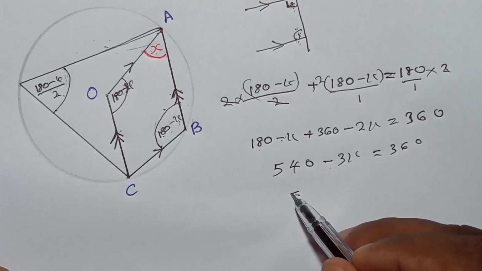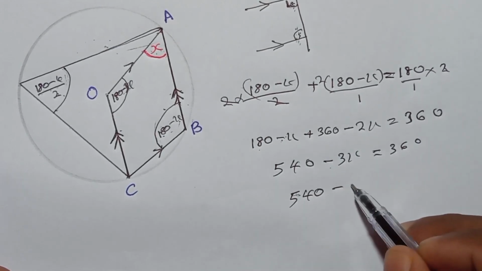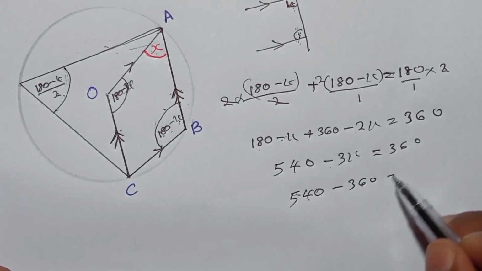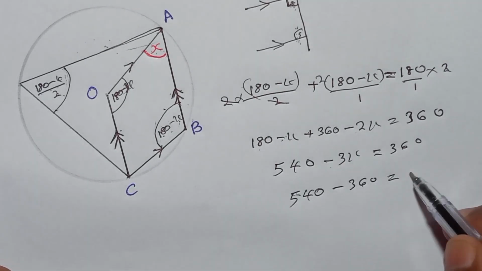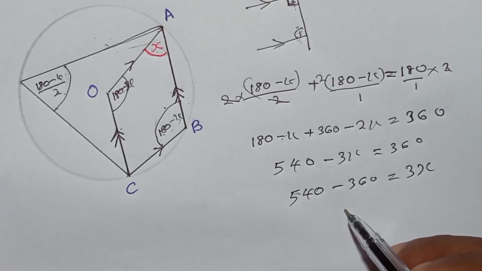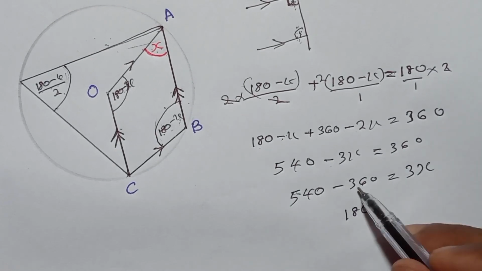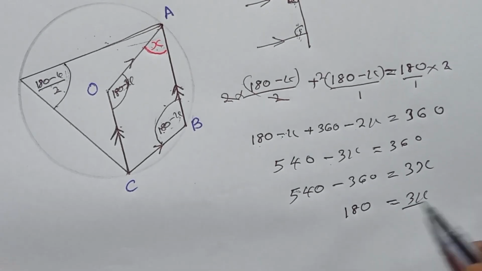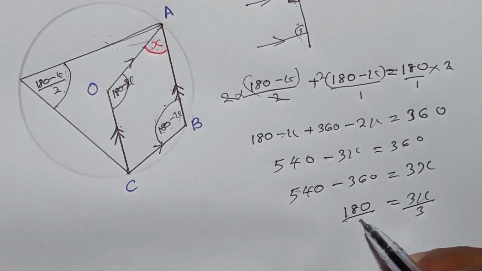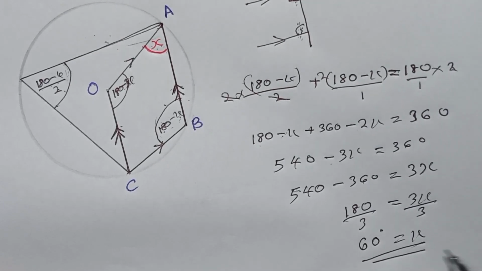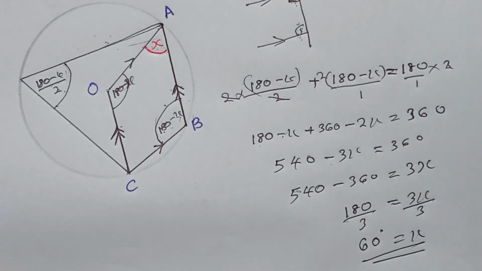So 540 minus 360, because here plus 360, when I bring it here it will be minus. Then minus 3x, when I bring it to the other side, will be plus 3x. Now 540 minus 360 means 180, and here 3x. Then divide both sides by 3, and you get the value of x. 180 divided by 3 means 60. So 60 degrees. That's the value of x, right?